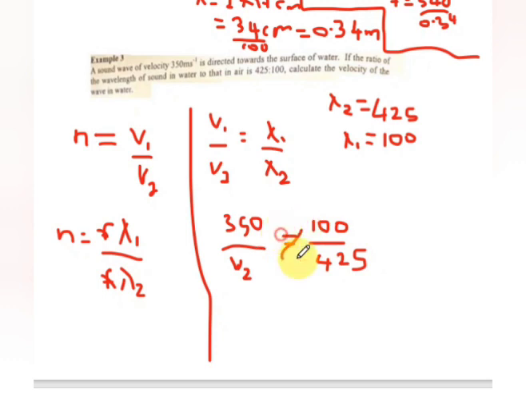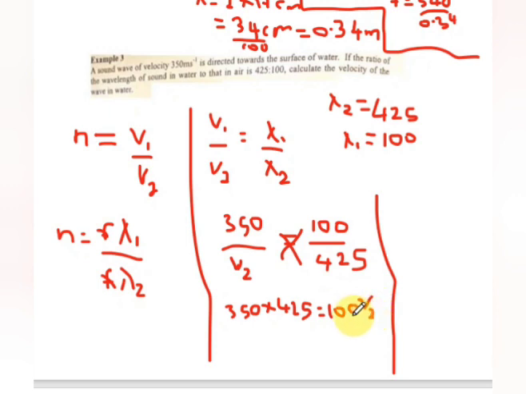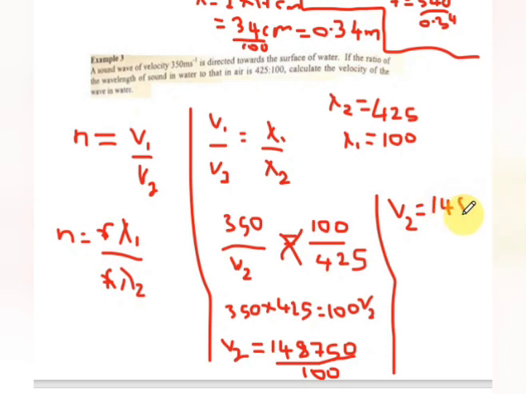Then we just cross multiply. When we cross multiply, we are going to have 350 times 425 is equal to 100 v2. So v2 is equal to 350 times 425, which is 148750, divided by 100. Therefore, v2 is equal to 1487.5 meters per second.